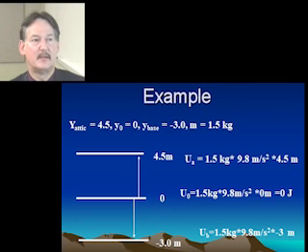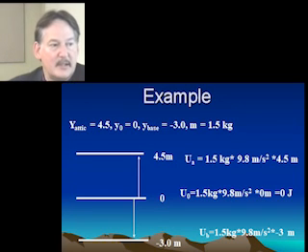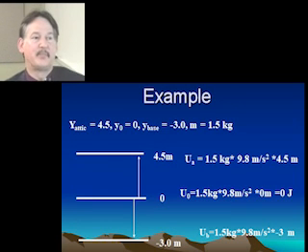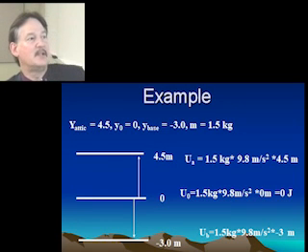We're going to then calculate that the potential energy at a position 3 meters below the reference level will be mg times -3. And likewise, the potential energy at 4.5 meters above ground level will be mg times that 4.5 meters.